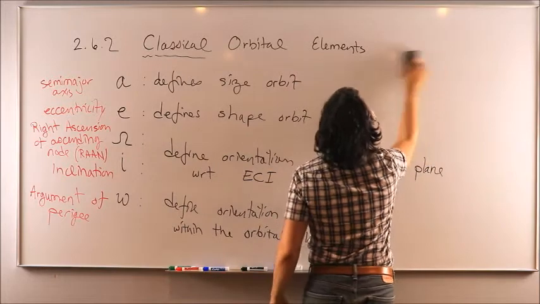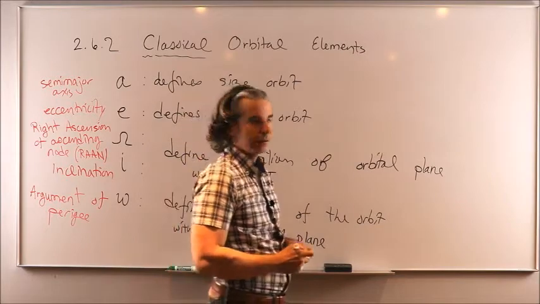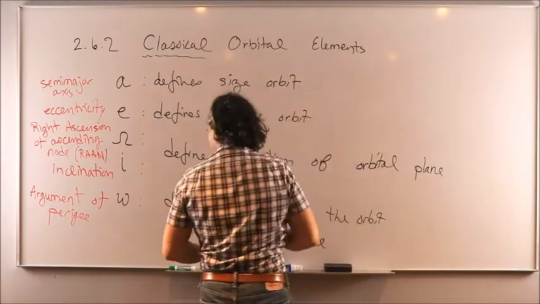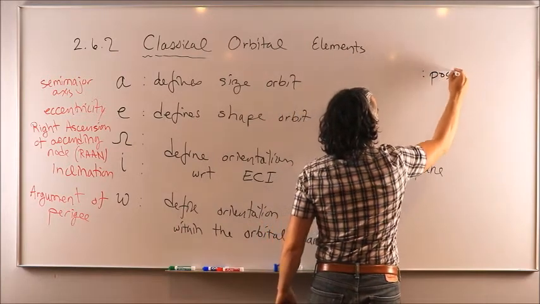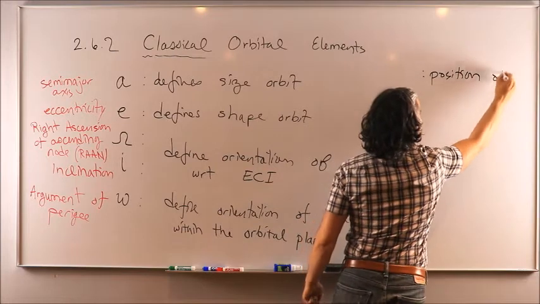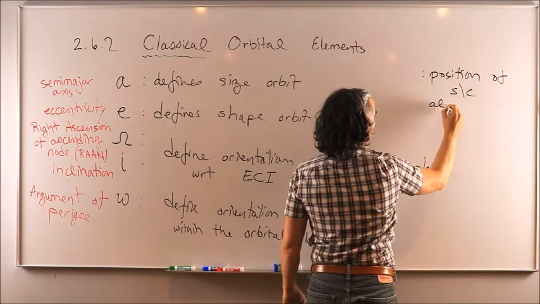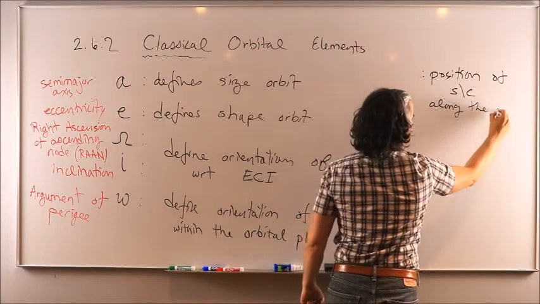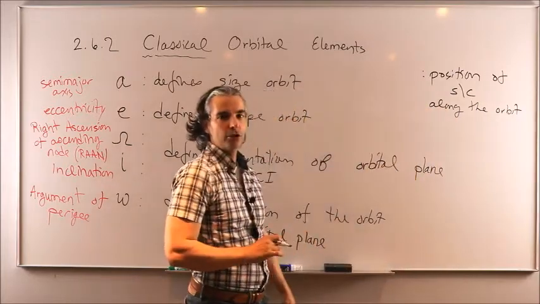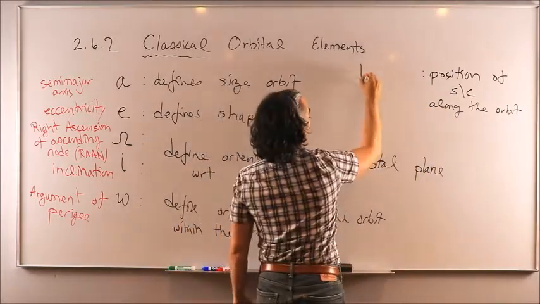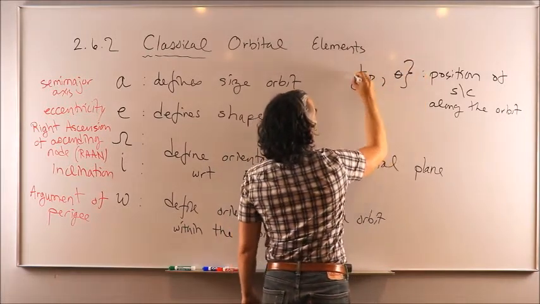Yet we need a 6th one that will define the position of our spacecraft inside the orbit, position of SC along the orbit. 2 common orbital elements to do that are time of perigee passage or the true anomaly. Okay?